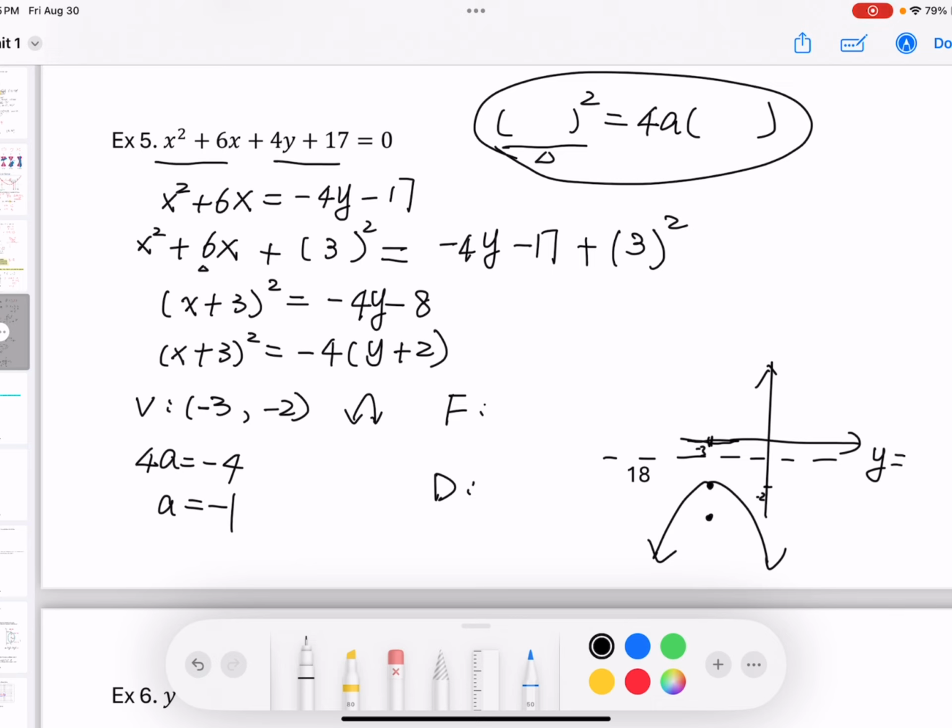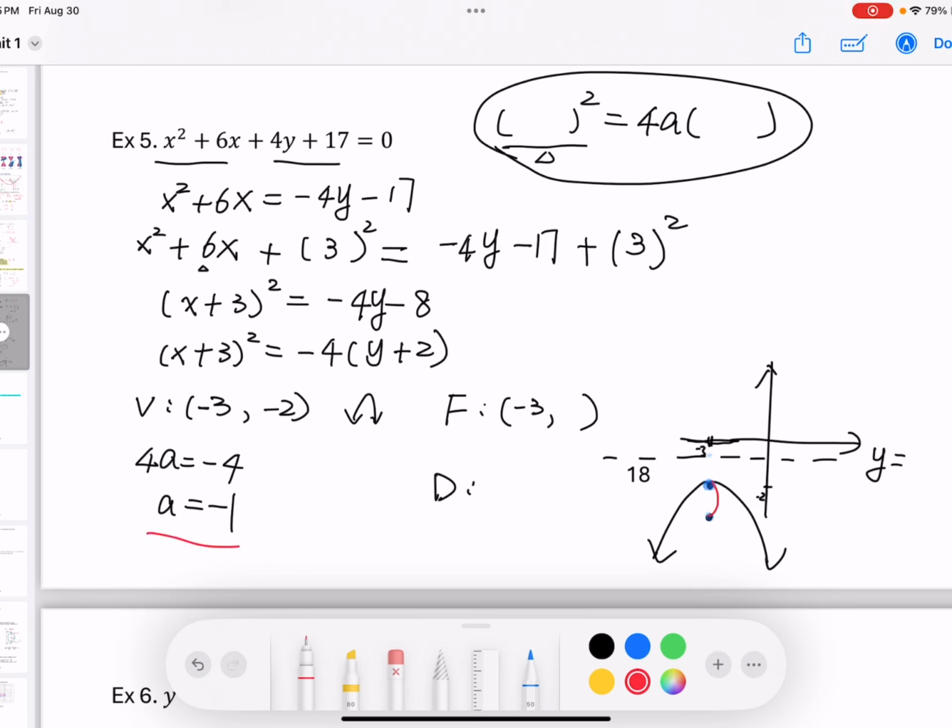The focus and the vertex have the same x value, so let's borrow the x from the vertex, which is -3. And then for the y value, based on the vertex, we need to move down 1 unit because the absolute value of a is 1. We move down 1 unit.